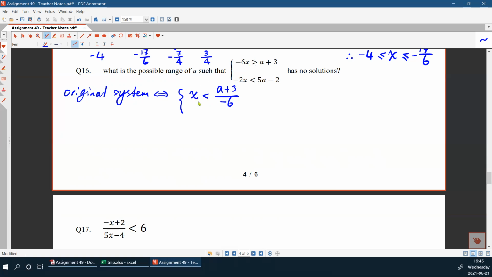Again, -2 is negative, so we need to change the direction of the inequality symbol. x is larger than 5a minus 2 over -2, right? Okay, so now we have two numbers. This is the upper limit, and this is the lower limit, right?